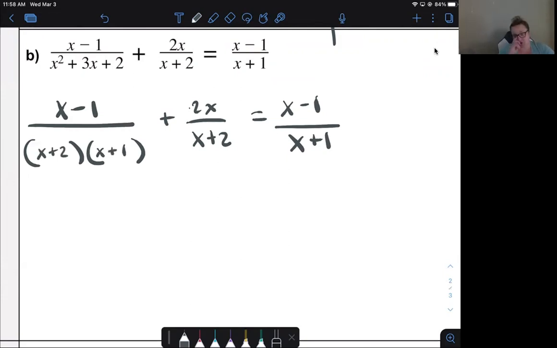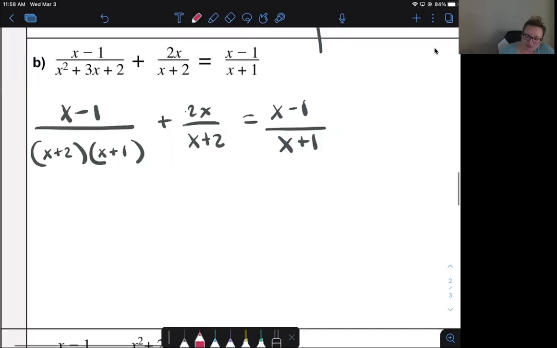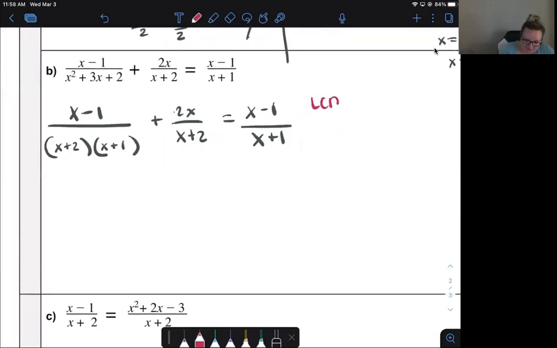Now identify your least common denominator. For all of these fractions, what would our least common denominator be? Go ahead and identify that on your own. You should have gotten x plus 2 times x plus 1 as your LCD. So now we're going to take this entire equation and multiply it by x plus 2 times x plus 1.